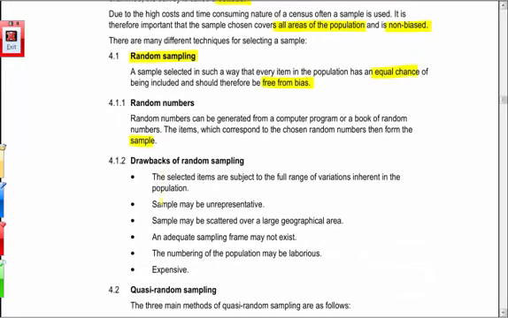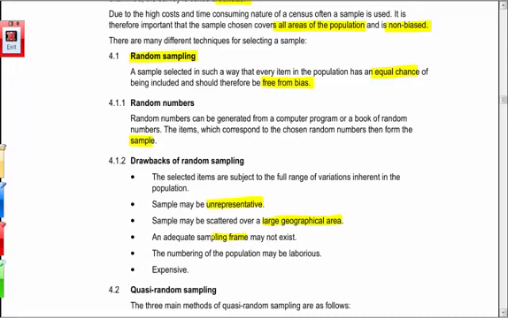If you use random sampling, then there's a full range of variations inherent in the population. And you could end up with a sample that is unrepresentative. So just because of the randomness, if you like, of the selection might mean that you end up with, say, more boys than girls being selected than are present in the population as a whole. You could also end up with the sample being scattered over a very large geographical area, which might make it difficult to actually go and collect the data.